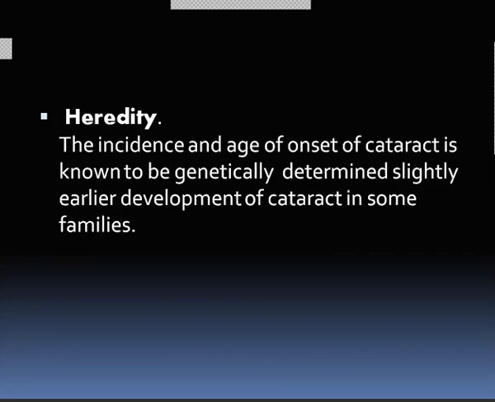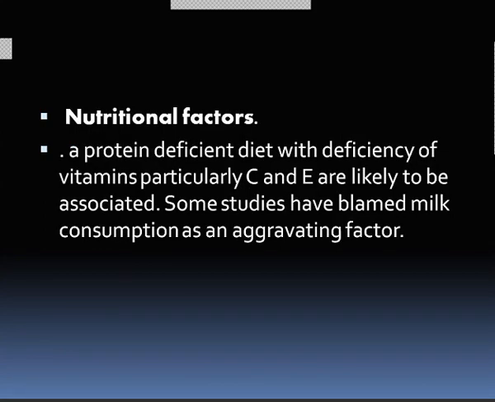And heredity: the incidence and age of the onset of the cataract is known to be genetically determined, and slightly earlier development of the cataract occurs in some families. Nutritional factors: protein deficient diet with the deficiency of vitamin C and E are likely to be associated with the cataract formation. Some studies also show that the excessive drinking of milk may also act as an aggravating factor.